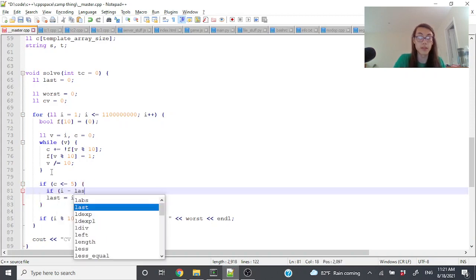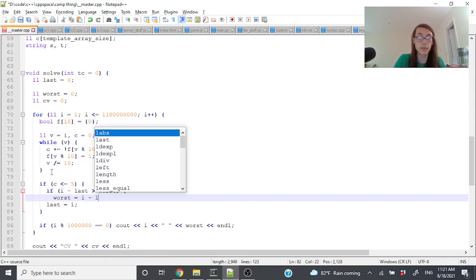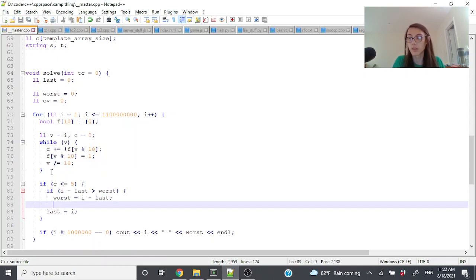If I minus last is greater than worst, worst equals I minus last. Like the worst of it is in pre-computation.